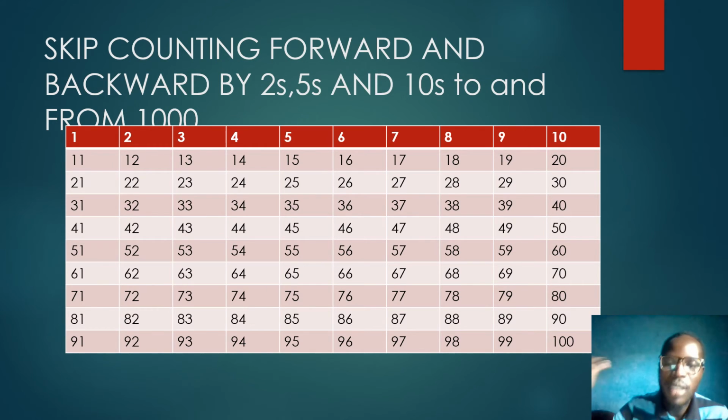You can also take it from 10, 20, 30, 40, 50, 60, 70, 80, 90, 100, 110, 120. As the lesson progresses, you will learn from 1 up to 1,000.